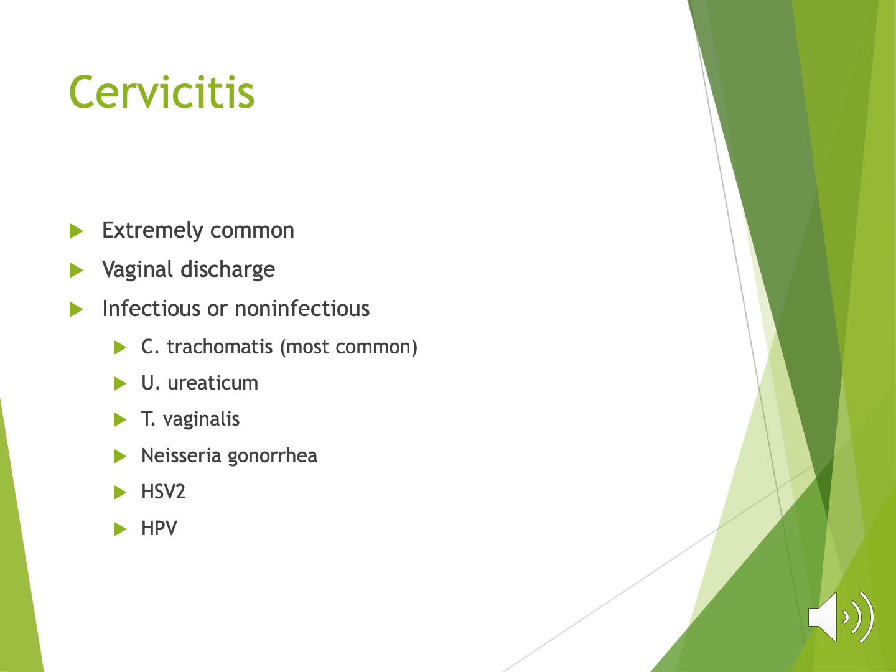Chlamydia trachomatis is the most common cause of cervicitis. Others include Ureaplasma urealyticum, Trichomonas vaginalis, Neisseria gonorrhoeae, herpes simplex 2, and human papillomavirus. Please remember, in addition to neoplasia, human papillomavirus can also result in cervicitis.